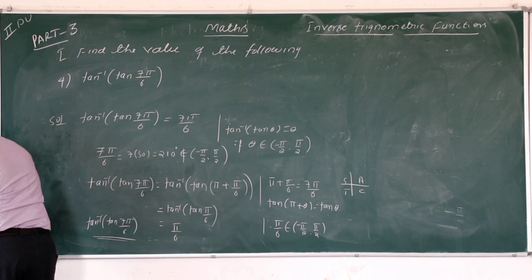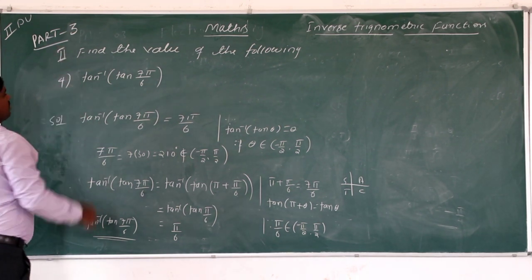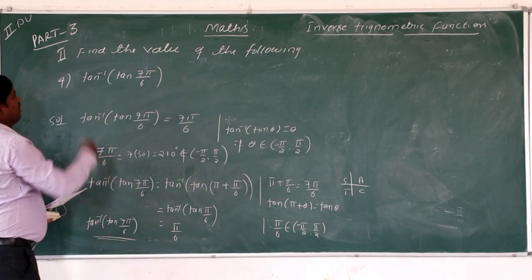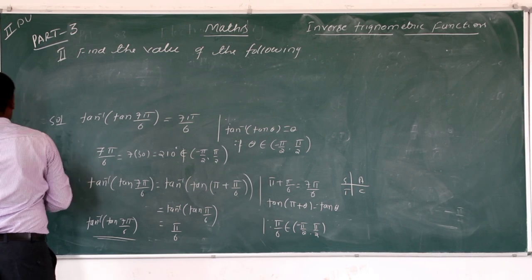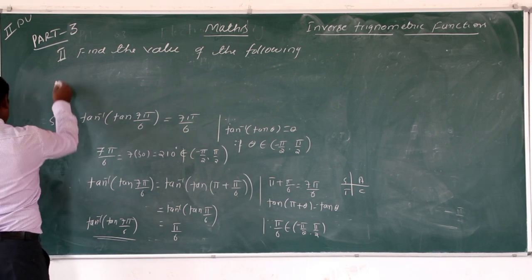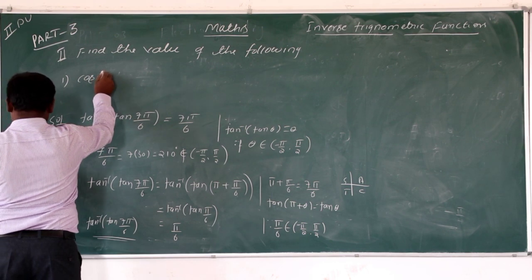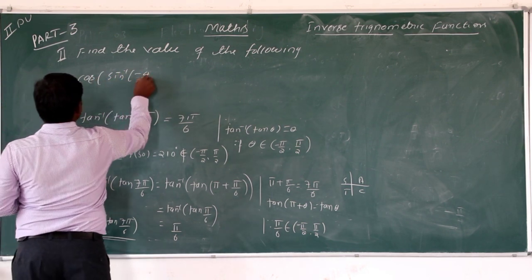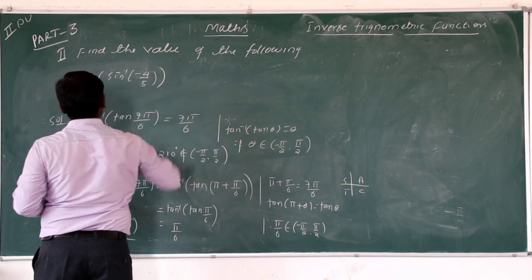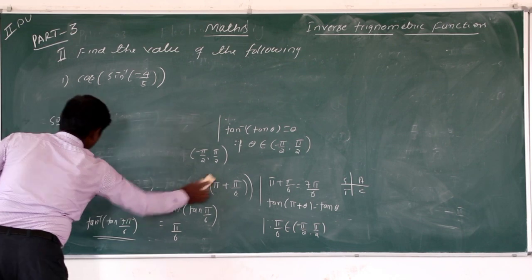So now the second type of problems, in which we find the value of the following. The first one is cos of sin inverse of minus 4 by 5.